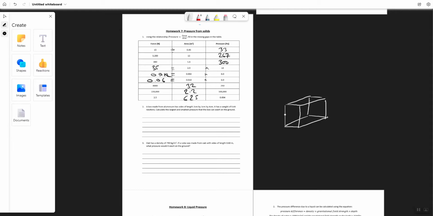Now I've made that optical illusion cube that keeps flipping around.